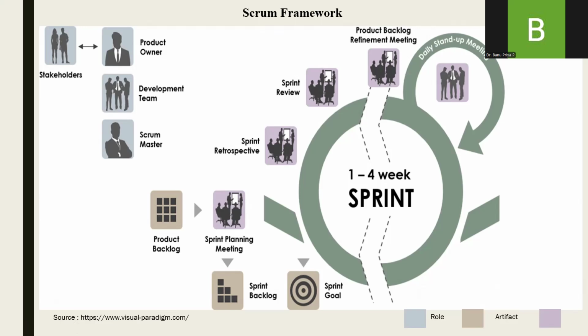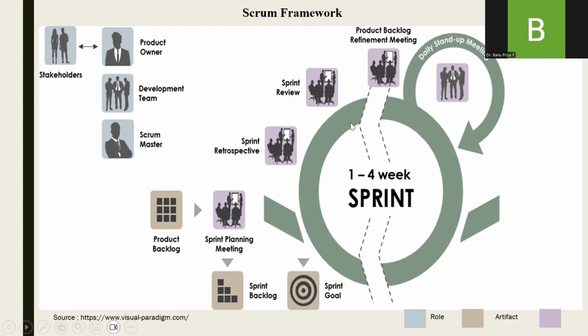After the timeline of a sprint, a deliverable should be provided to the customer. The sprint goal should be achieved. After this goal is reached, you will have a sprint review. On a daily basis, daily stand-up meetings will be happening.